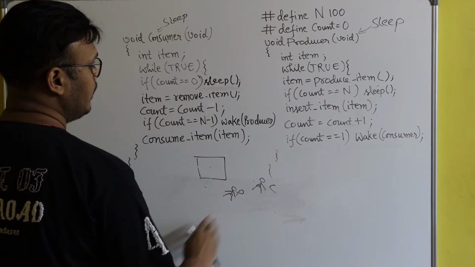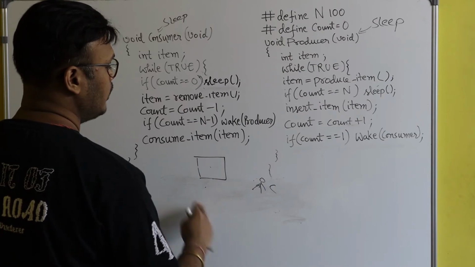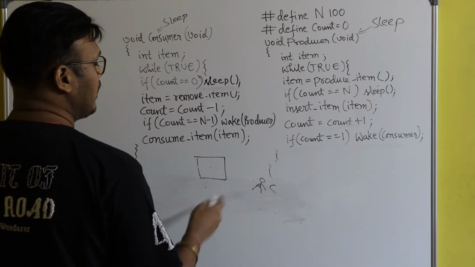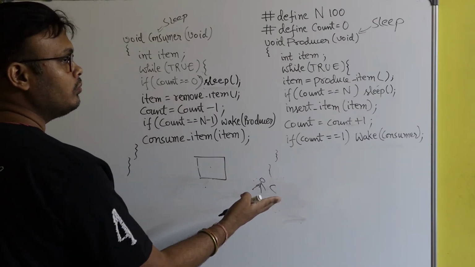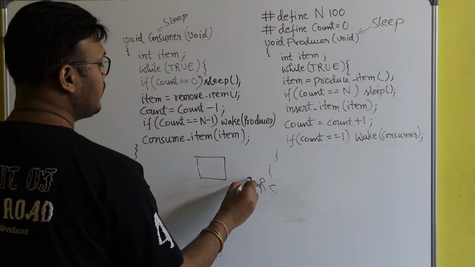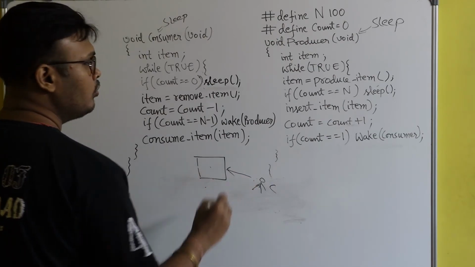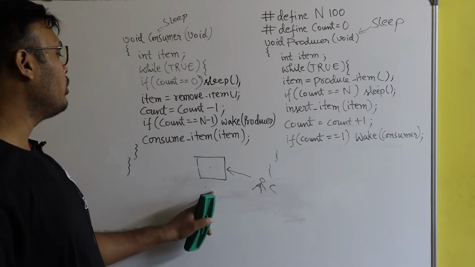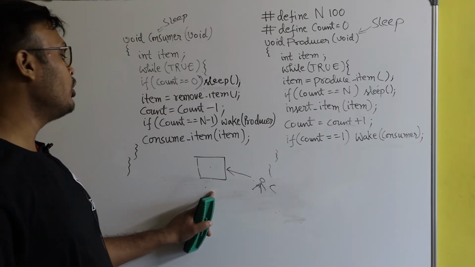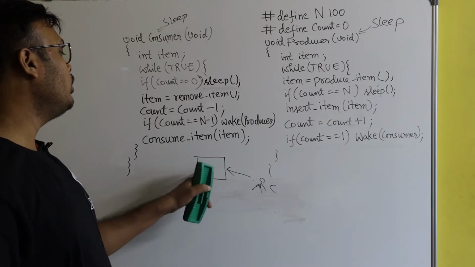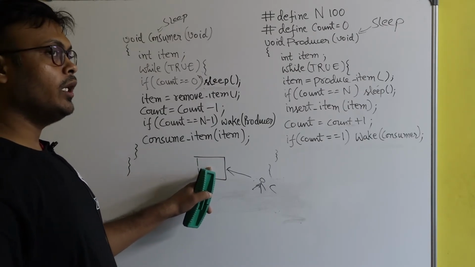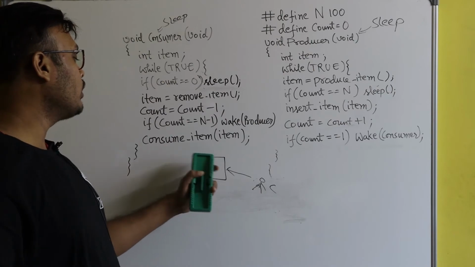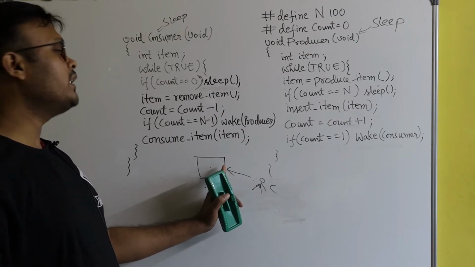And after that, he will go somewhere else. But actually, you are outside the room. So after some time, when you come, you will never know that the producer has made a knock and tried to wake you up, because when he was knocking at the door, you were not present here.